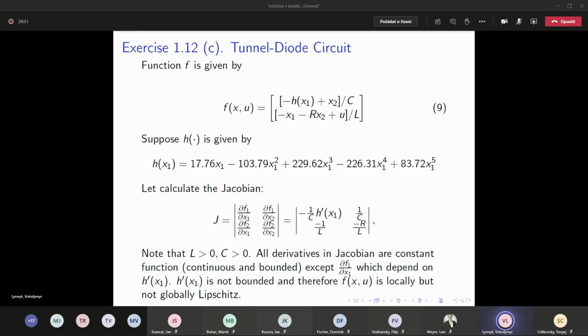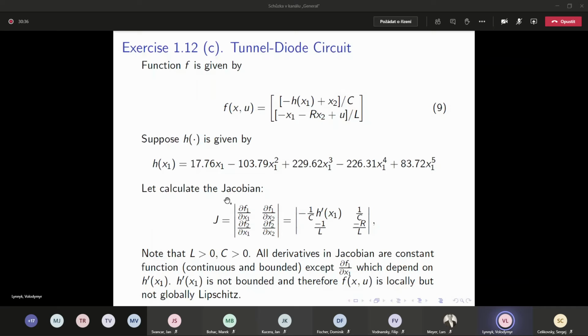We saw this example in previous classes, yeah, and function phi is given by the next equation: x1 dot equal to function minus x1 plus x2 divide by c, and x2 dot equal to minus x1 minus r x2 plus u divide by l, where c and l are greater than 0, and suppose that function h is given by the next.